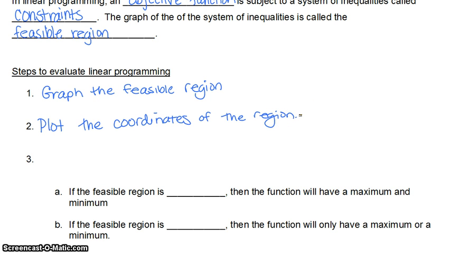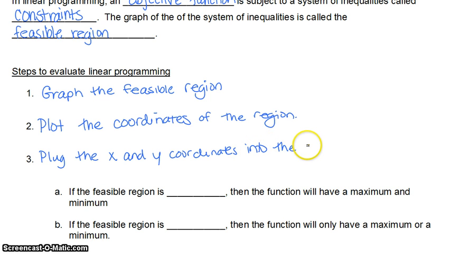And we'll talk about that more once we get to our first example. Once you have the graph of the feasible region and you've plotted the important coordinates, you're going to plug the x and y coordinates from step 2 into the objective function.